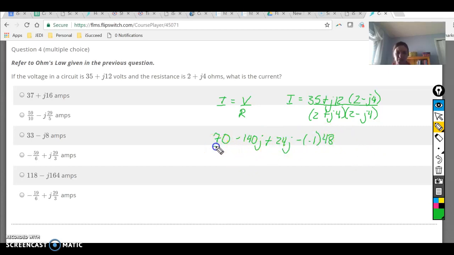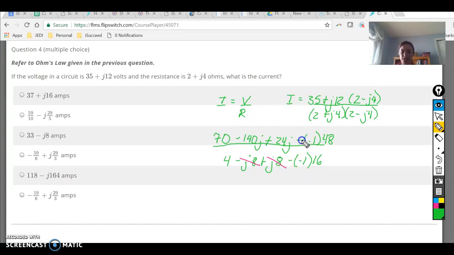And then in my denominator, as this is a difference of squares, I am going to end up with 4 minus J8 plus J8, and then minus a negative 1, which is the J squared, times 16. So pretty cool. These actually end up going away, and we can start combining like terms.